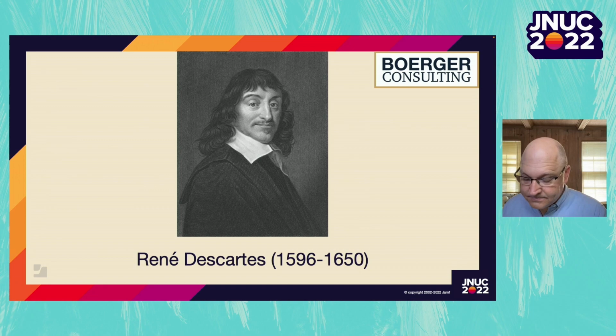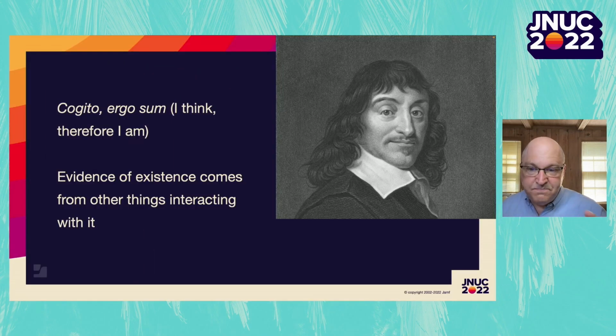Now, Descartes' big thing was the cogito, Latin phrase, cogito ergo sum. I think, therefore I am. And that was the answer to his question in his seminal work called, all of a sudden it just kind of died in my brain.